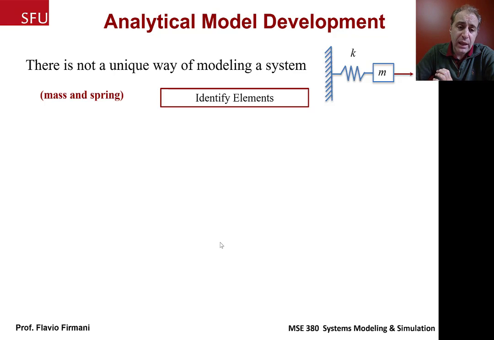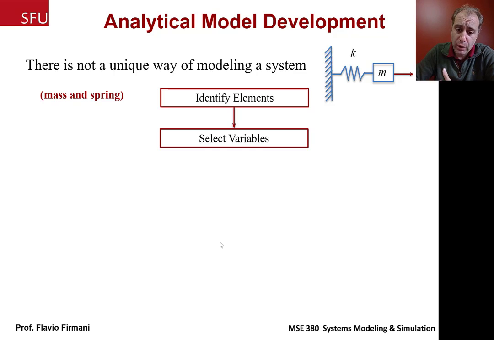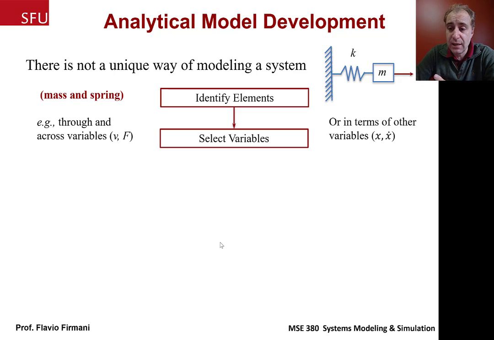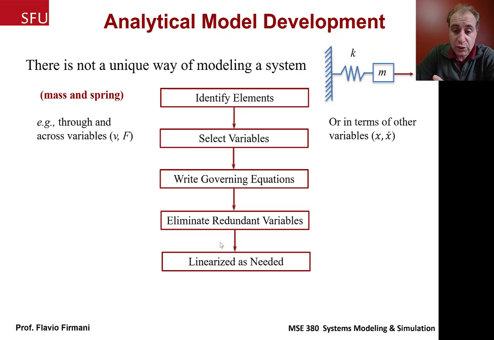So for the case of the mass and spring, we identify the elements, and we can select the variables. We can select the through and across variables, or we can use the displacement and the velocity, and this could be another set of state variables.